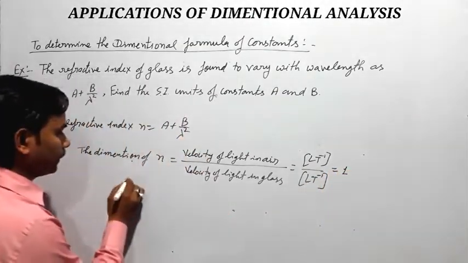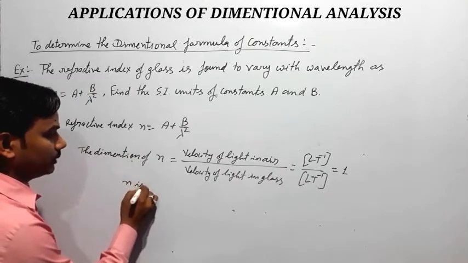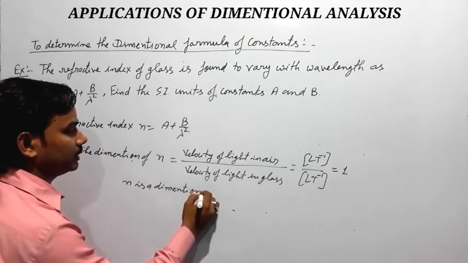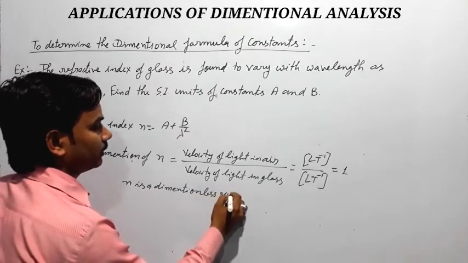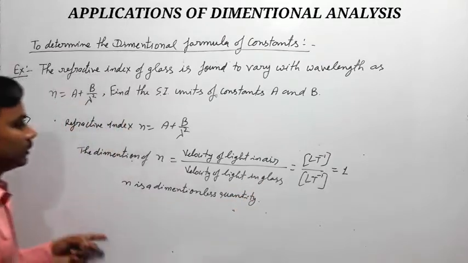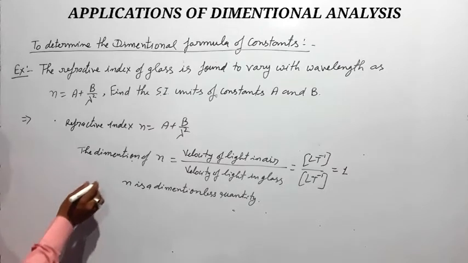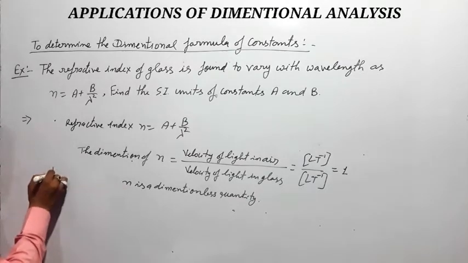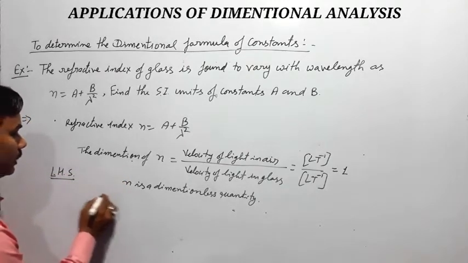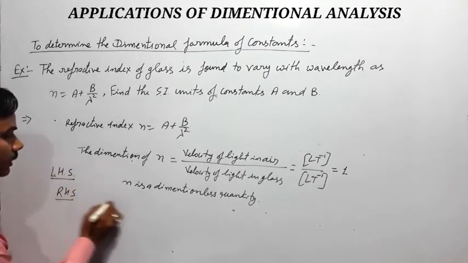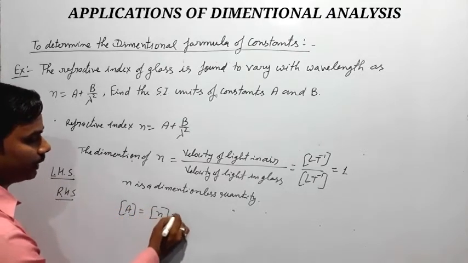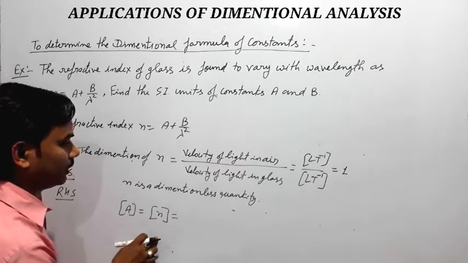So we can say n is a dimensionless quantity. Now this is the dimension of LHS, which means the LHS has no dimension. For the RHS, the dimension of a is equal to the dimension of n, and n is a dimensionless quantity.